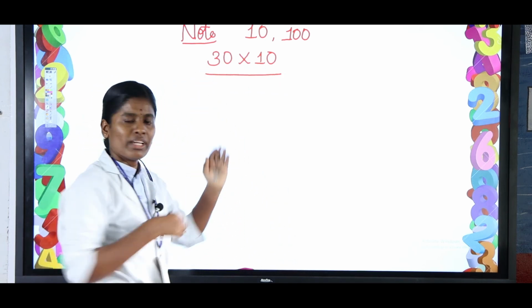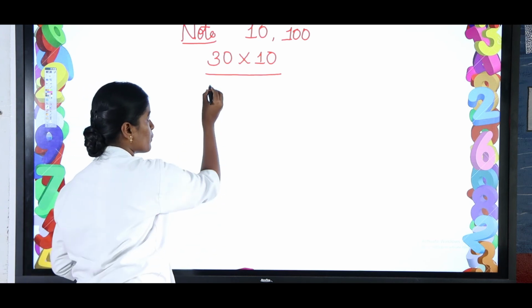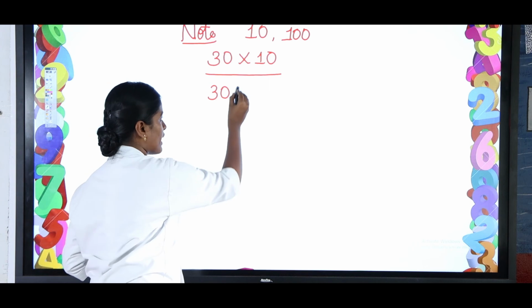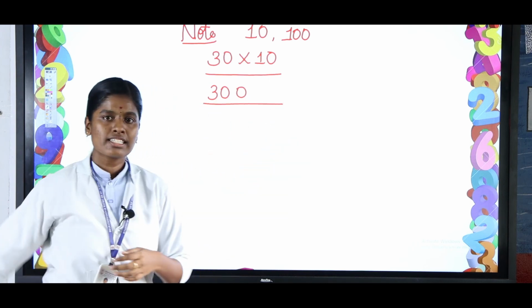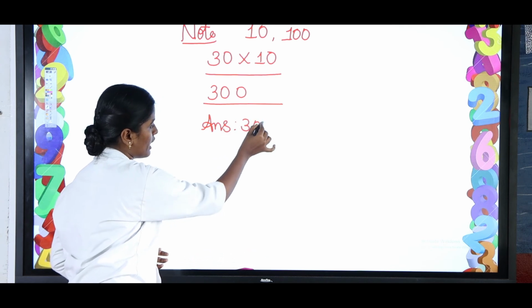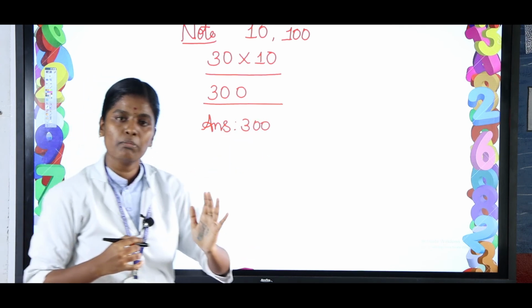So what is the question we have? On the left side we have the question 30, and simply you should insert 0 to the right side. So the answer is 300. Next I will take an example of multiply by 100.